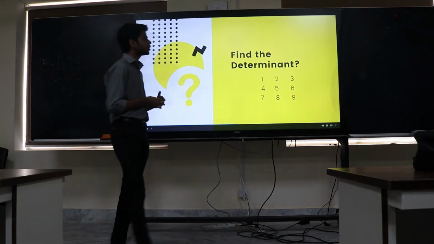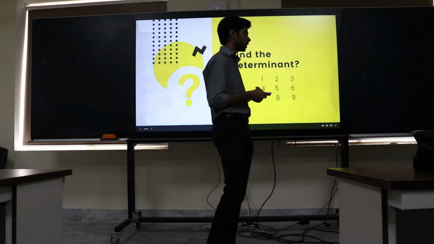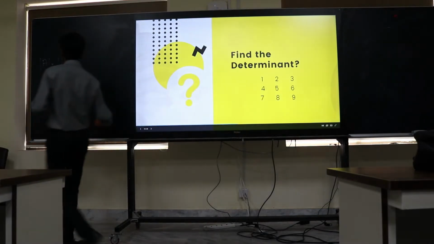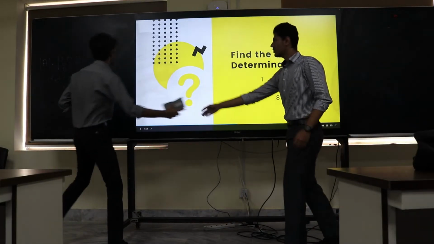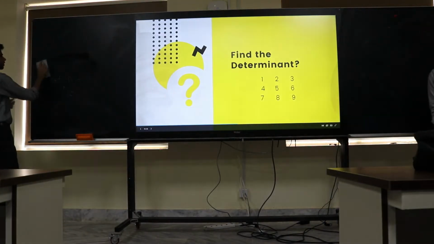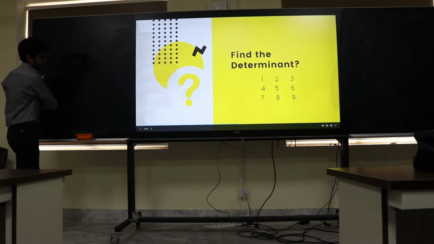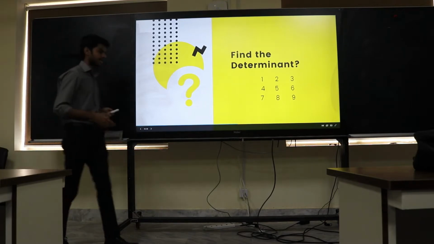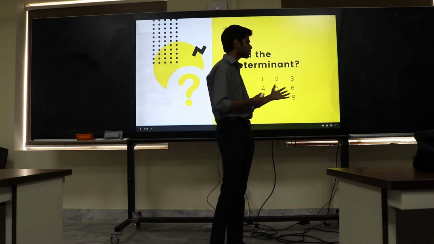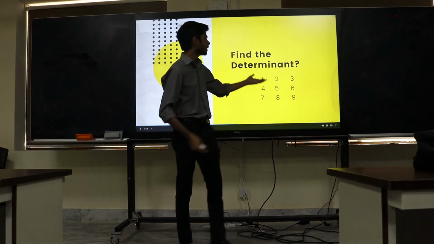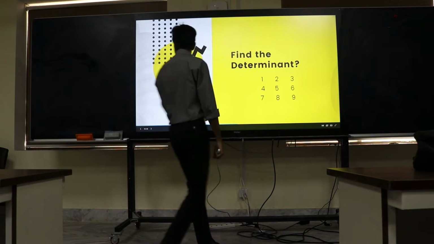So, find the determinant of a matrix. We have this matrix. First we will see whether we can actually calculate the determinant of this matrix or not. So yes, we can calculate. It has an equal number of rows and columns, a 3 by 3 matrix.